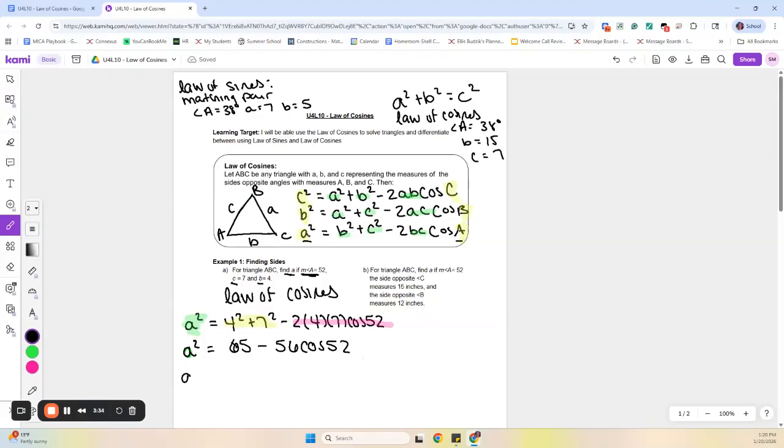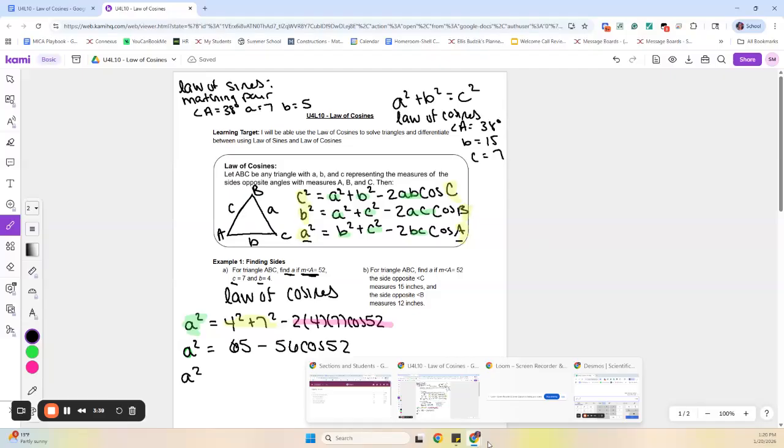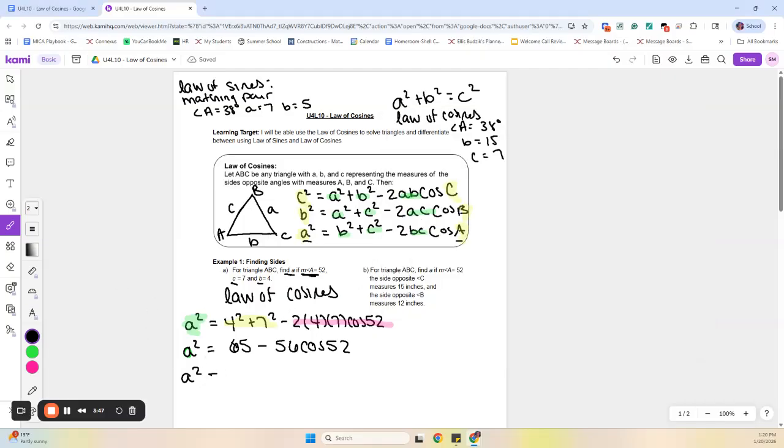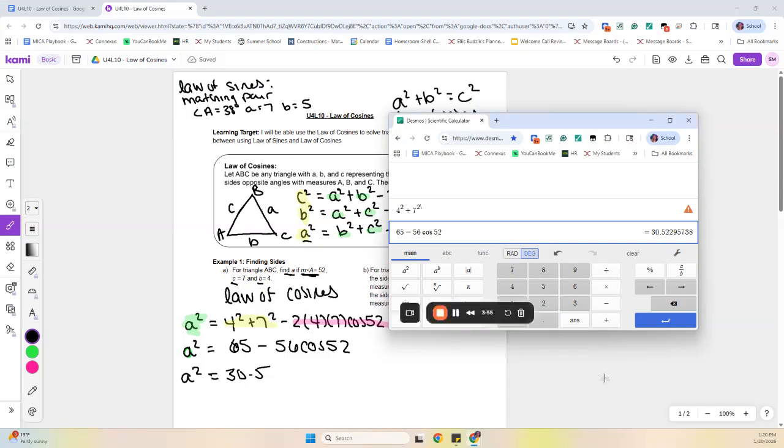Now I'm going to write those out into my calculator. So I'm going to do 65 minus 56 cos 52, and that's going to be 30.5. And actually, if you wanted to, because I had everything over here, there were no variables over here, I could also just punch that all into a calculator.